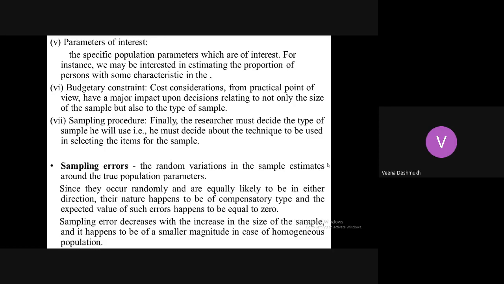So here what exactly happens is, supposing you want a data, so in some cases you may have to pay for that data. So the budget given for that particular research matters a lot. When you have to pay for the data, when it is not easily available, then your budget is of prime consideration.